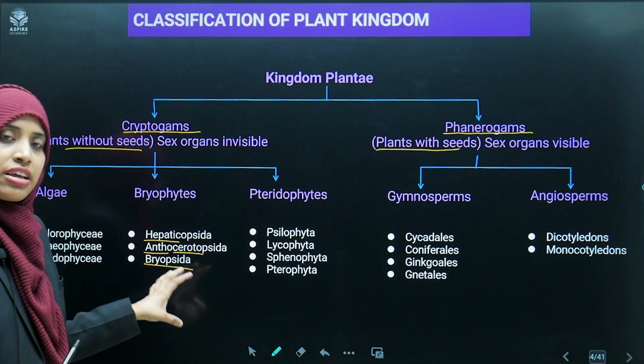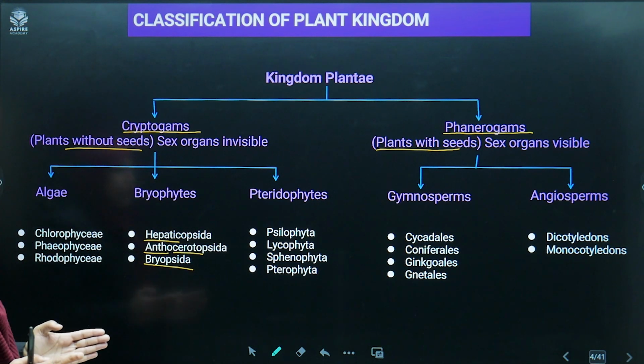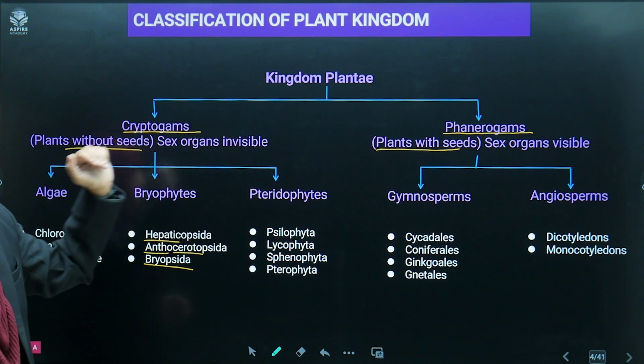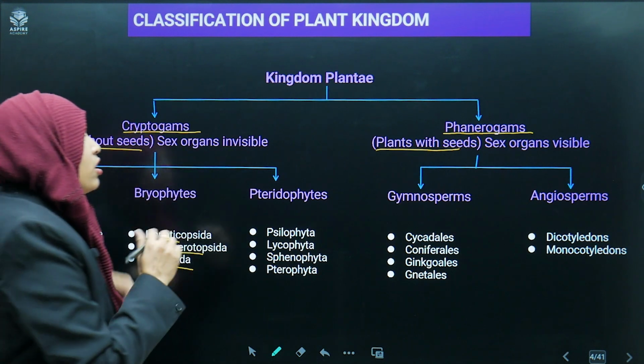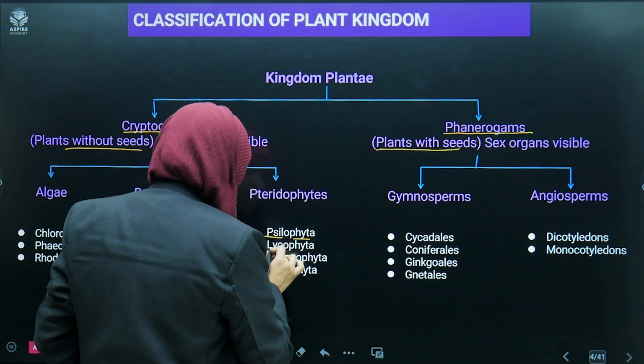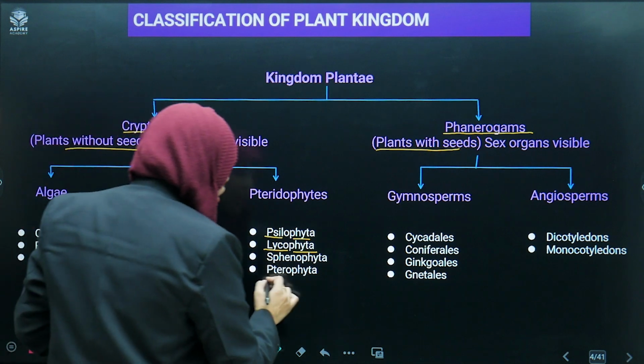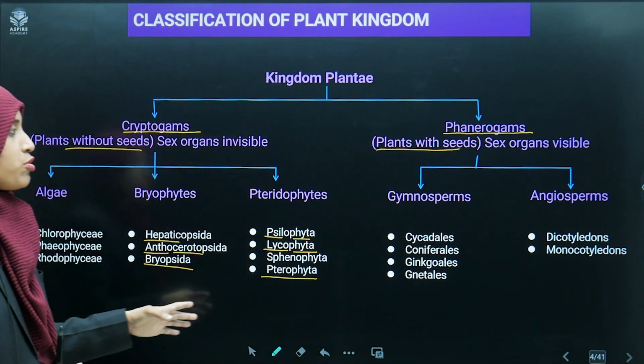These are the three categories into which bryophytes are further classified. Then come pteridophytes. Pteridophytes can be categorized as Psilophyta, then Lycophyta, Sphenophyta and Pterophyta, in four categories.